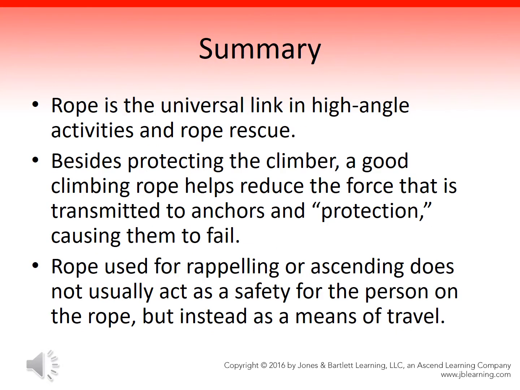In summary, rope is the universal link in high-angle activities and rope rescue. Besides protecting the climber, a good climbing rope helps reduce the force that is transmitted to anchors and protection, causing them to fail. Rope used for rappelling and ascending does not usually act as a safety for the person on the rope, but instead as a means of travel.